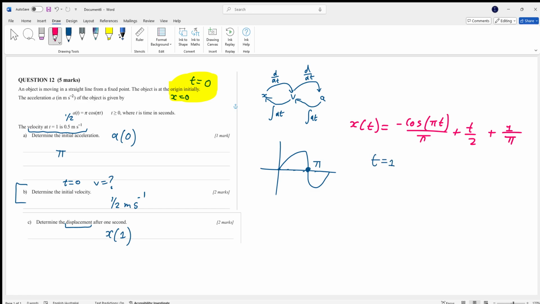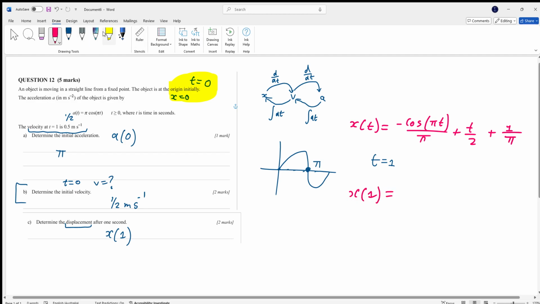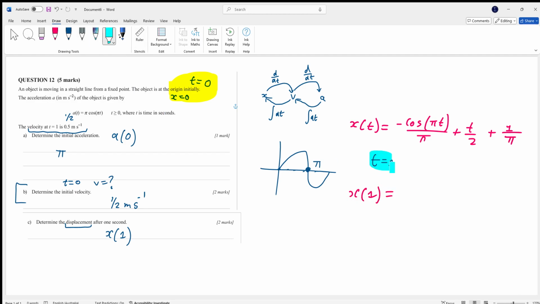So here, x of 1. Wherever there's a t, you're going to replace that with a 1. So here you'll get negative cos pi times by 1 over pi plus 1 over 2 plus 1 over pi. Now, pi times by 1 is pi.